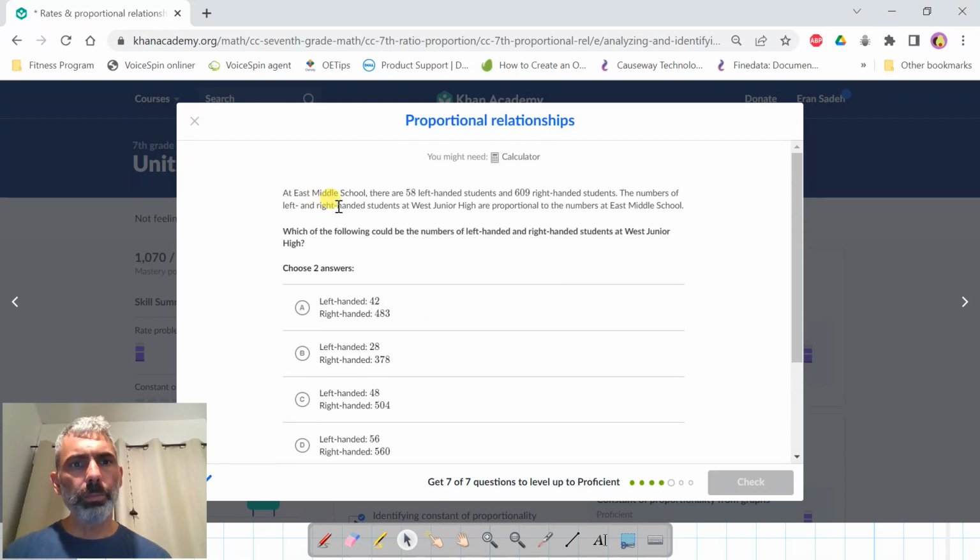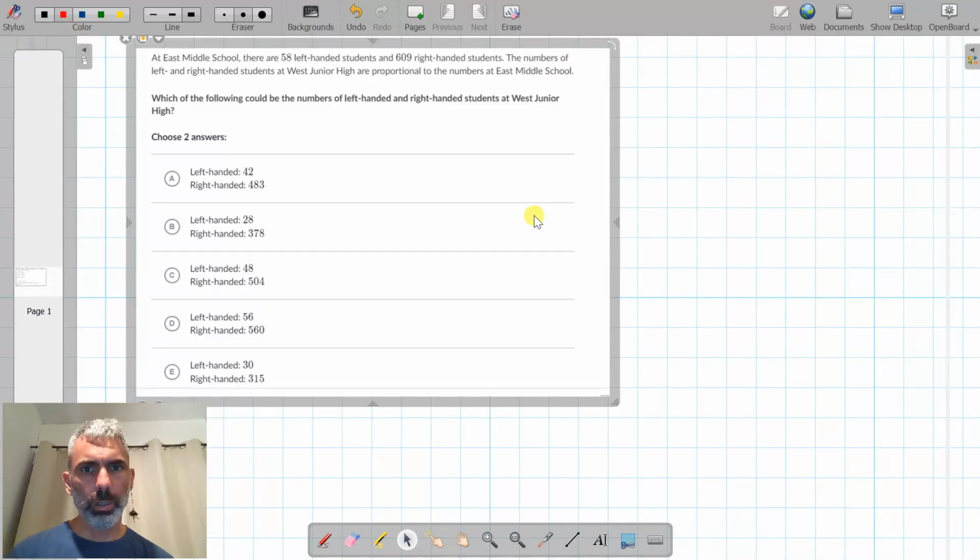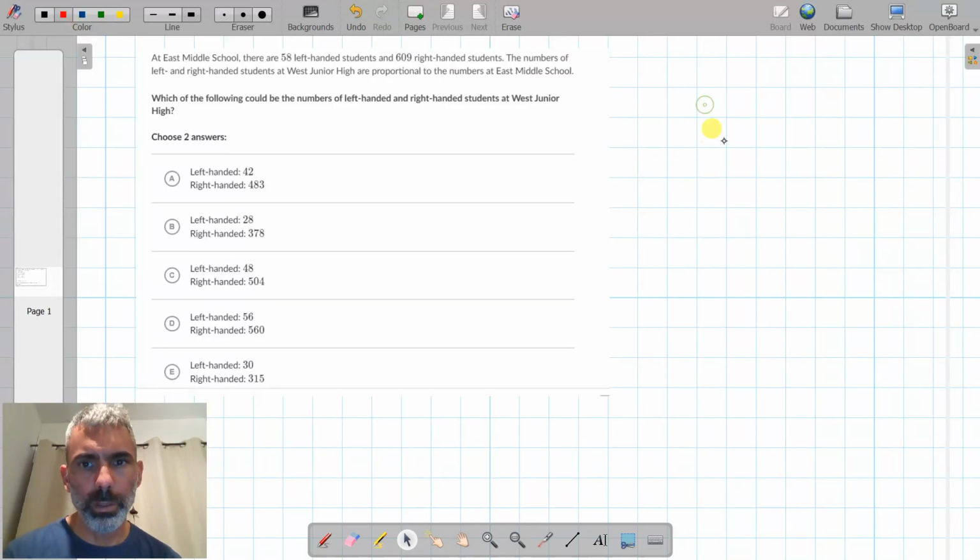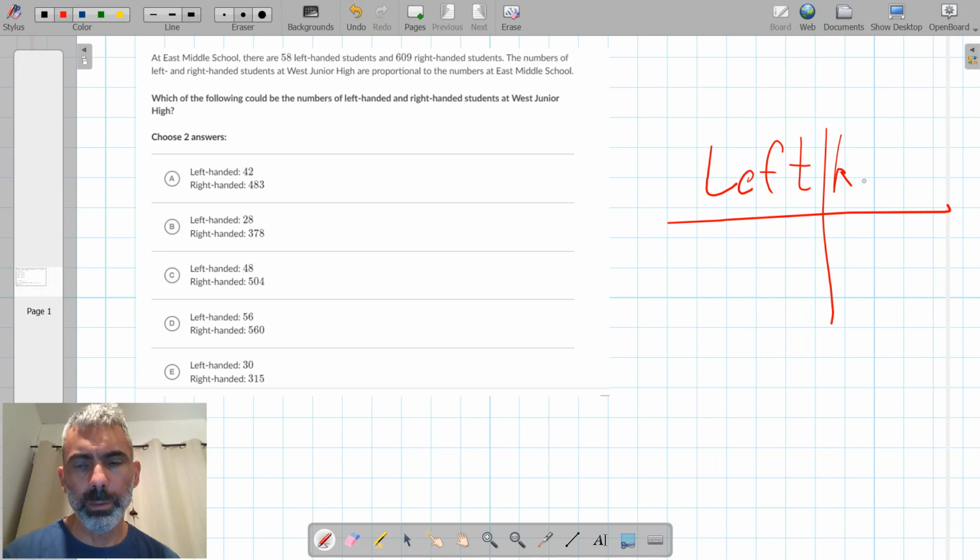Okay, at East Middle School there are 58 left-handed students. Okay, so left-handed and right-handed.